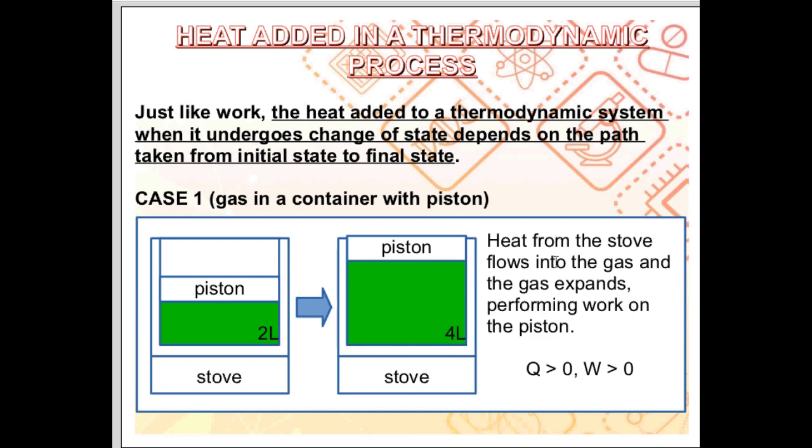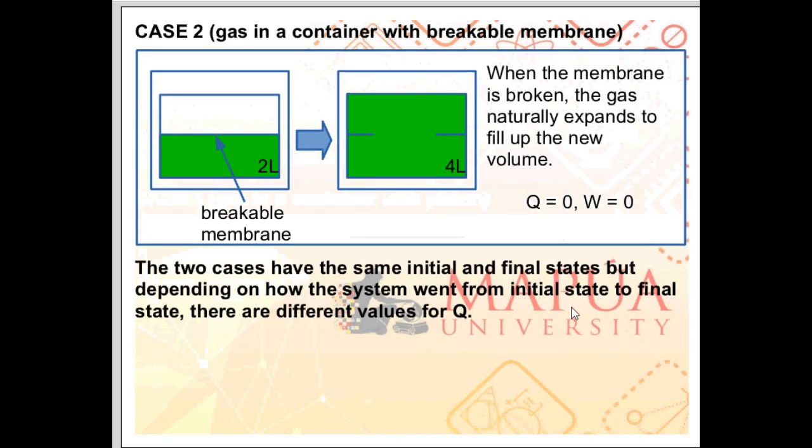Here, heat flows into the system, therefore Q is not zero. The gas performs work on the piston, so the work done is not zero. If we now take a look at the second case, you have a gas in a container.